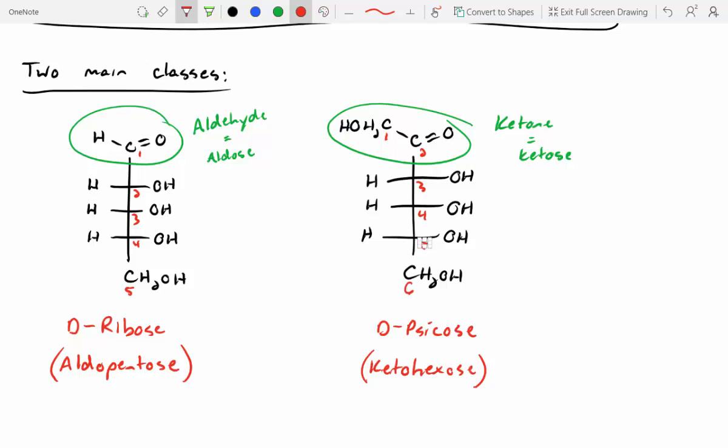The other interesting thing when we're looking at these is the position of one of the hydroxyl groups. If you look at all of the ones on the handout that I give you, the bottom right hydroxyl group is always to the left. You guys notice that on the family tree? I don't have any of them drawn to the right. This identifies these sugars as D sugars.